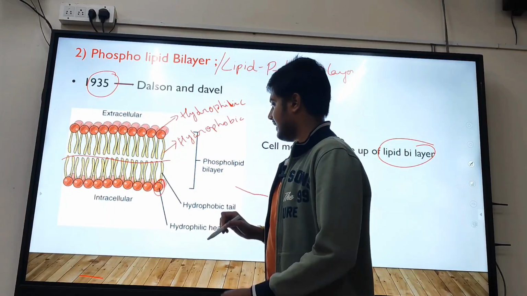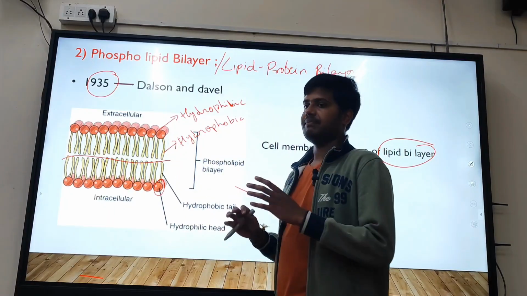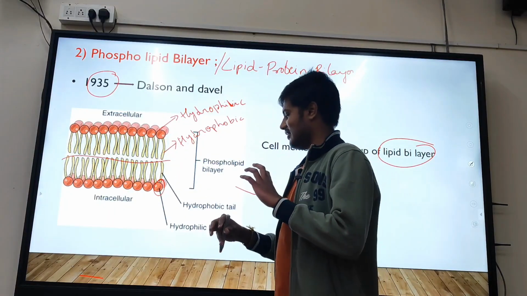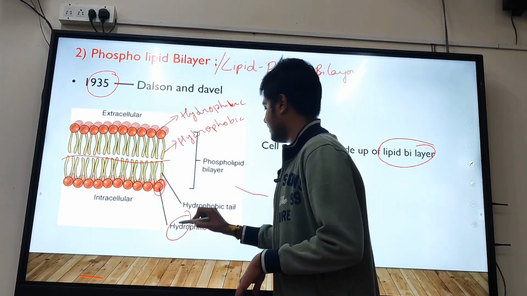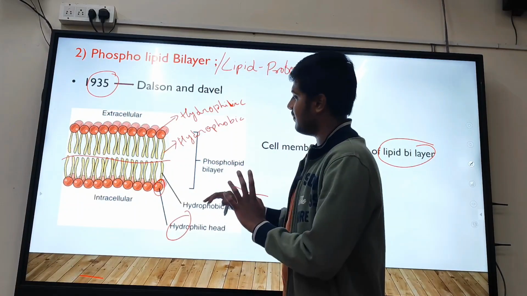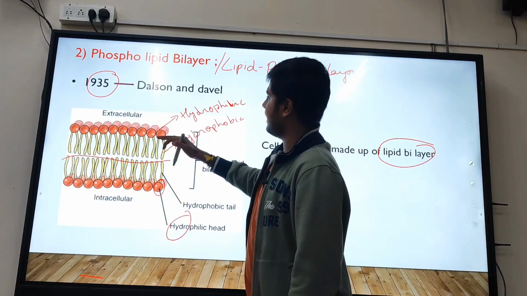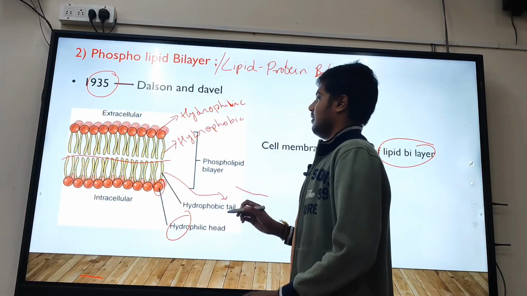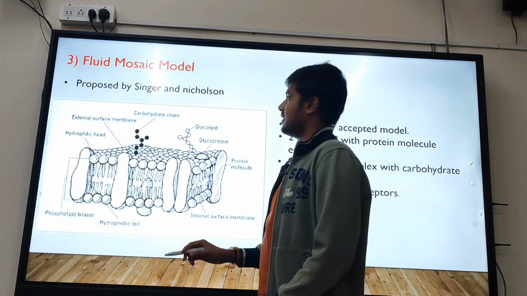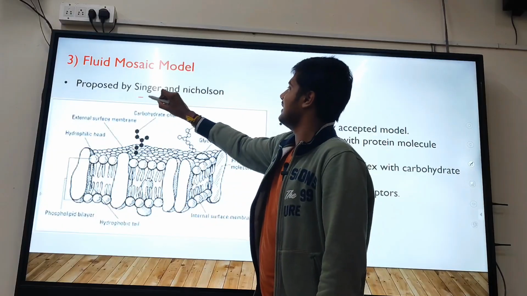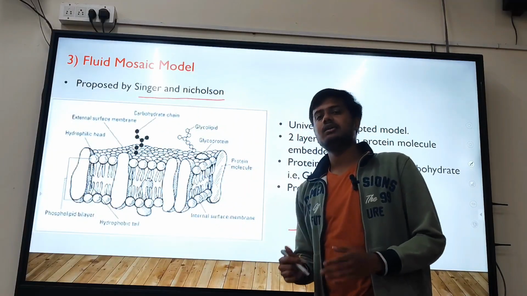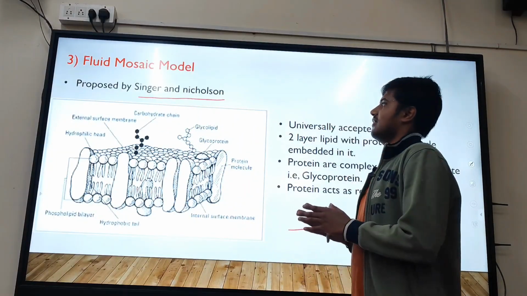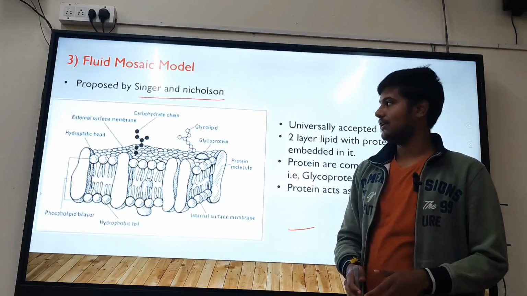This one is the hydrophilic end, which means it loves water. Hydro means water, philic means love. This is the hydrophilic head. This one is the hydrophobic tail. Next is the fluid mosaic model, proposed by Singer and Nicolson. This is the universally accepted model, as you people know.